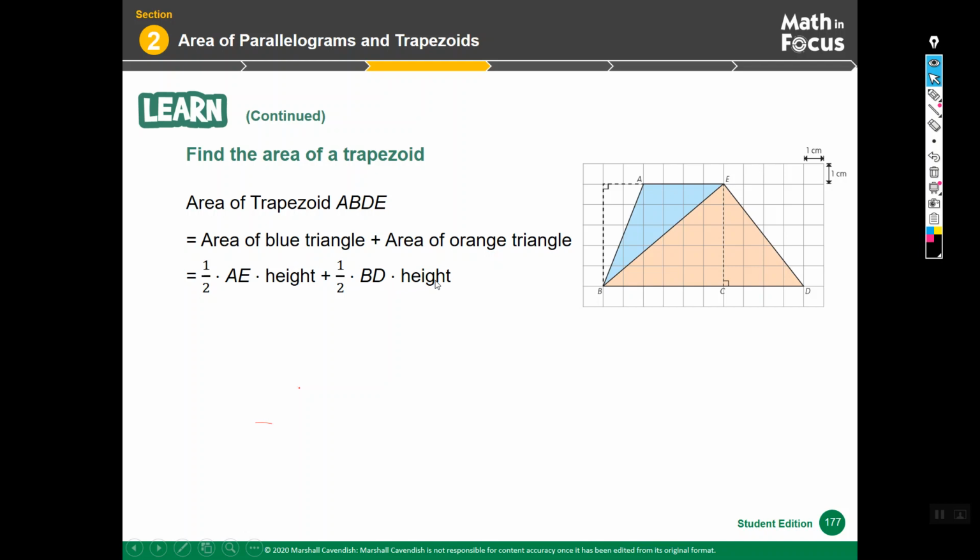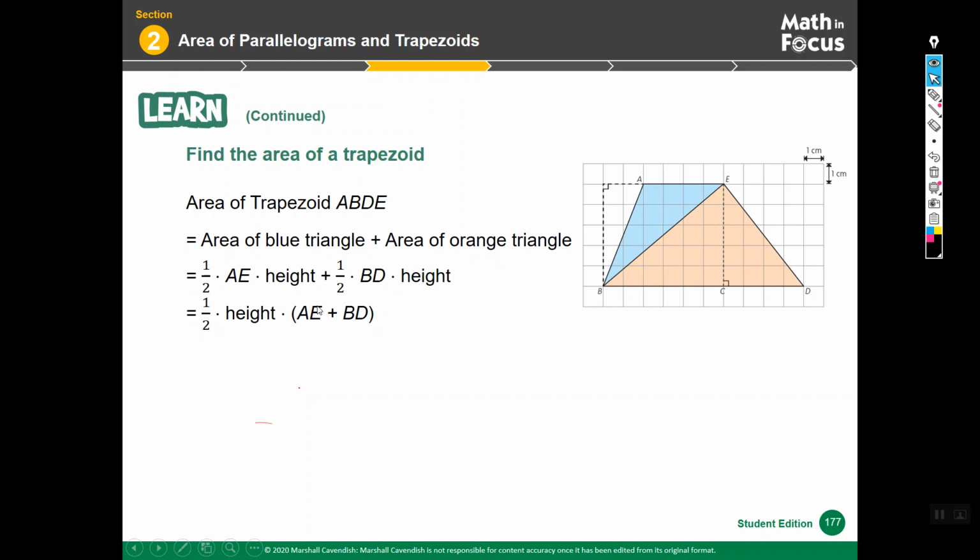That's all a trapezoid is: you're adding those two triangles together. So we have our formula shape up as 1/2 of the height, because both of them are being multiplied by the same height, and then we have the sum of the two bases, because we were adding the two triangles together.